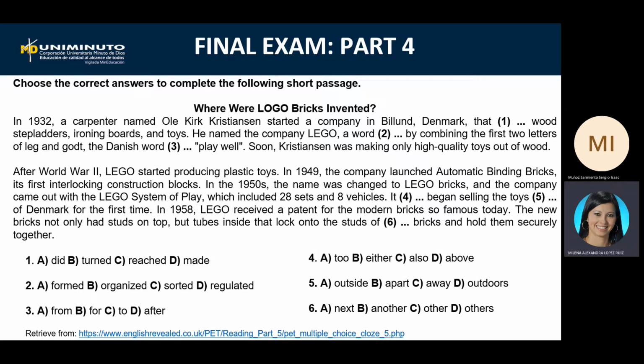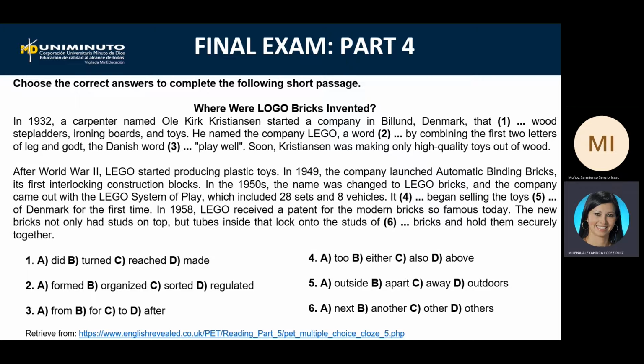They have the upper part of the Legos, they have the tube inside, and on the top are going to be the studs. Those are the upper part, the bumps. Inside are the tubes, and on the top there are going to be the studs. Okay, that's the studs. Okay, got it. So, your questions according to parts 3 and 4 of our final exam.